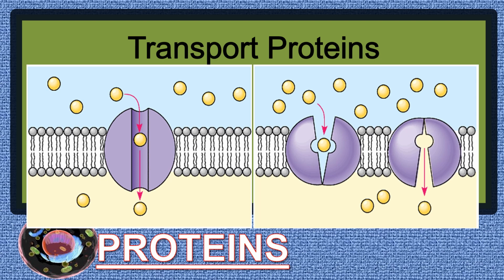One good example of a channel protein is aquaporin, wherein it allows water to pass through the membrane at a very high rate.